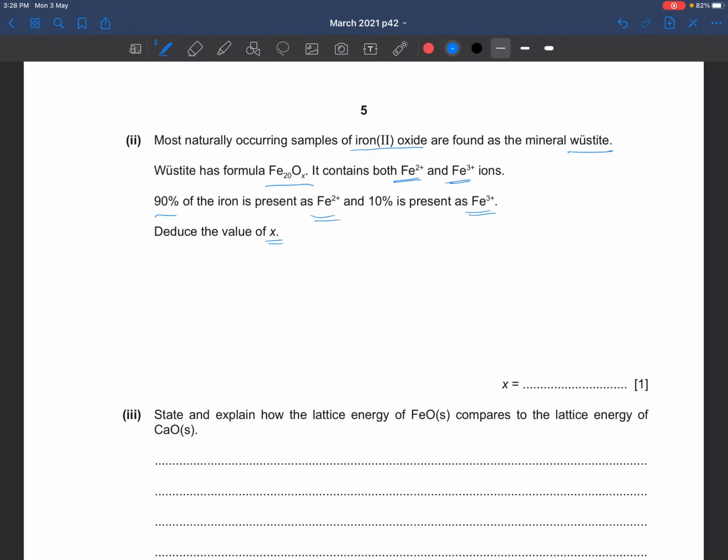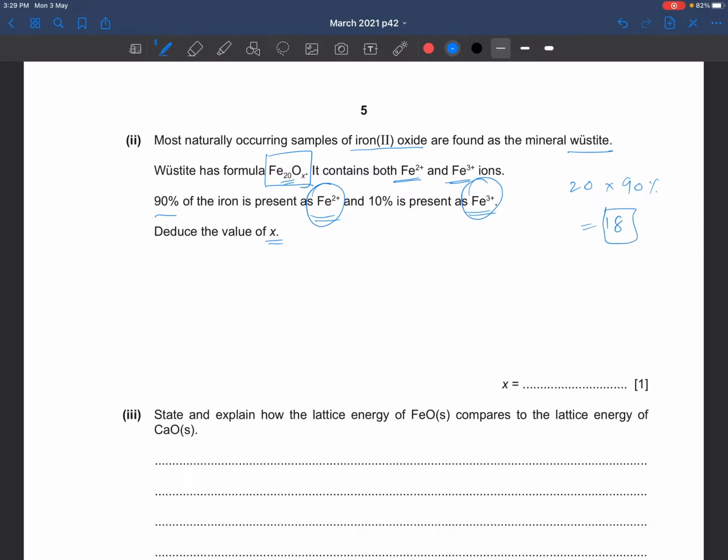So they are saying that in this ore, Fe20Ox wustite, it has 90% of iron as Fe2 plus and 10% as Fe3 plus. And in total we have 20 iron here. So what would be the 90% of 20? Right, 90% of 20, that would be 18.